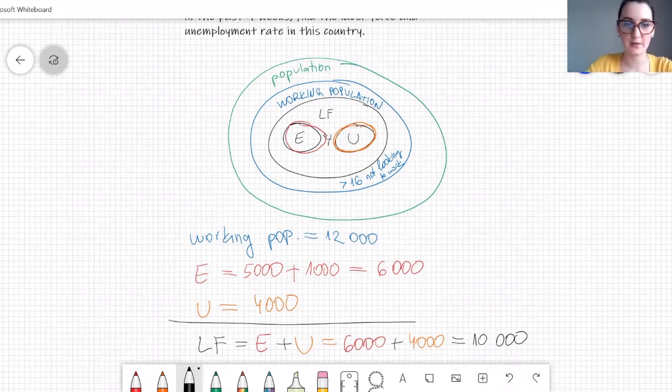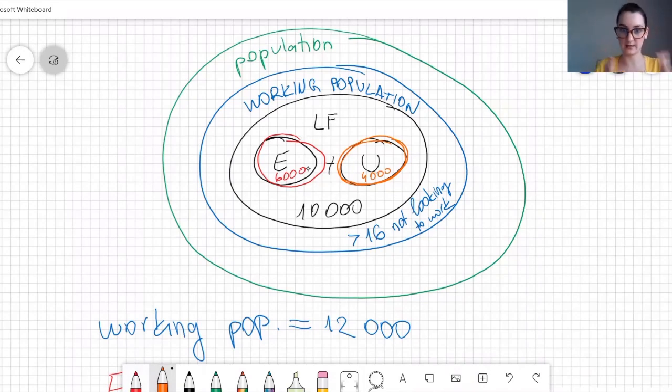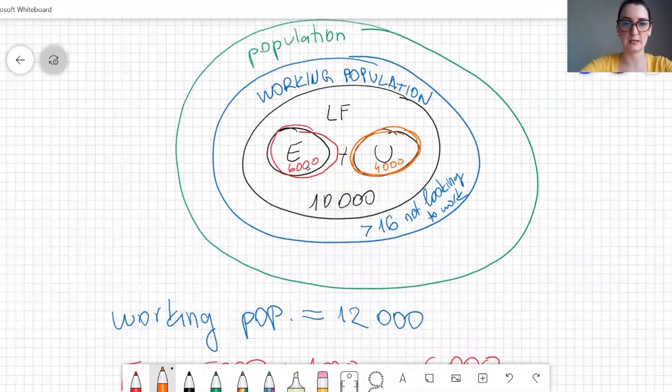Look at the graph: employed 6,000, unemployed 4,000, total labor force 10,000. Let me put those numbers in here. 10,000 here, then 6,000 over here and 4,000 over here. It's very clear now what the labor force is.